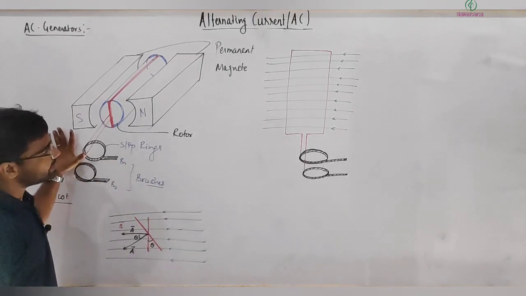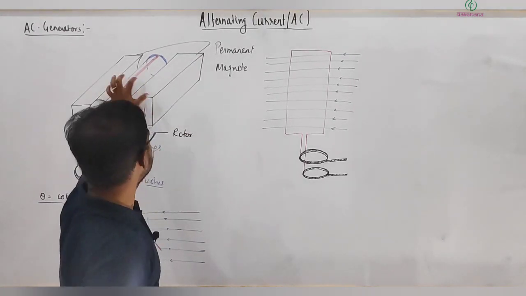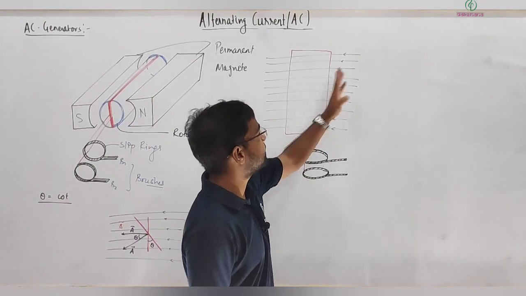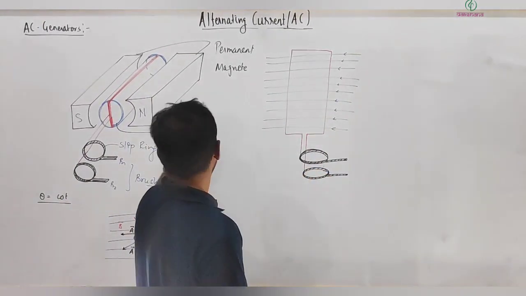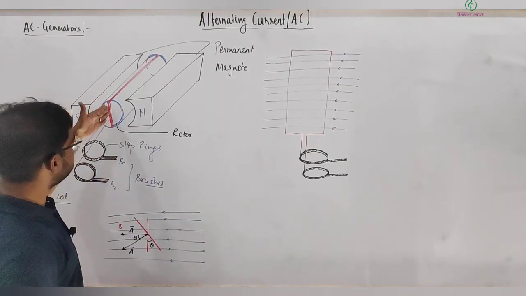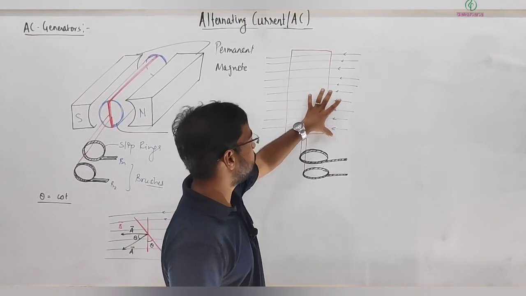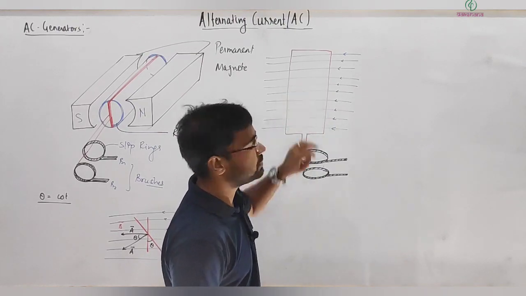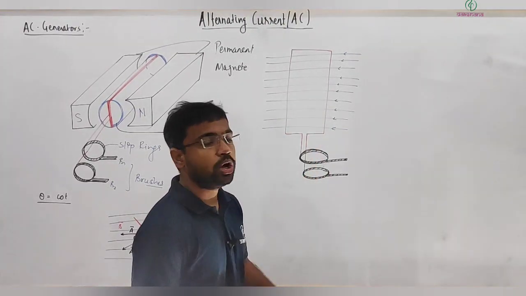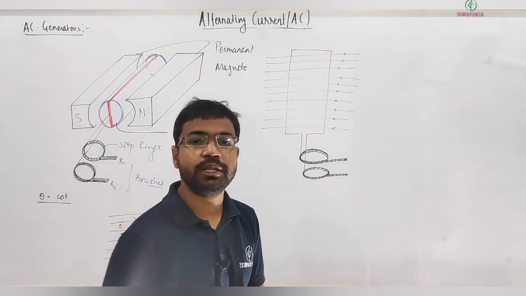The basic thing is, let's say these two permanent magnets are producing a magnetic field, and once this rotor is rotating, after some time its orientation will be like this. In this situation, the magnetic flux through this coil, or this loop, is minimum, there is no flux.